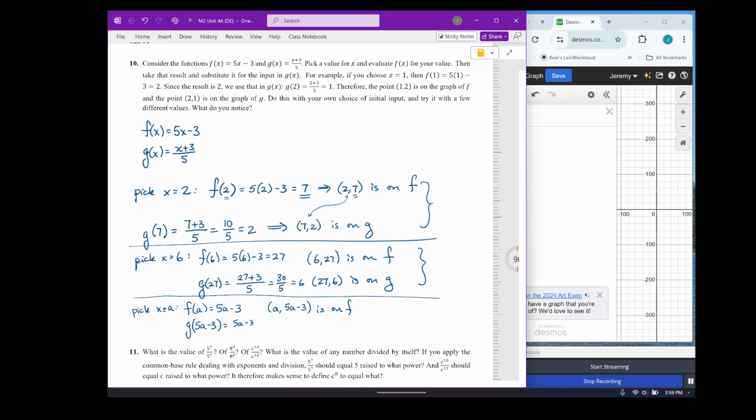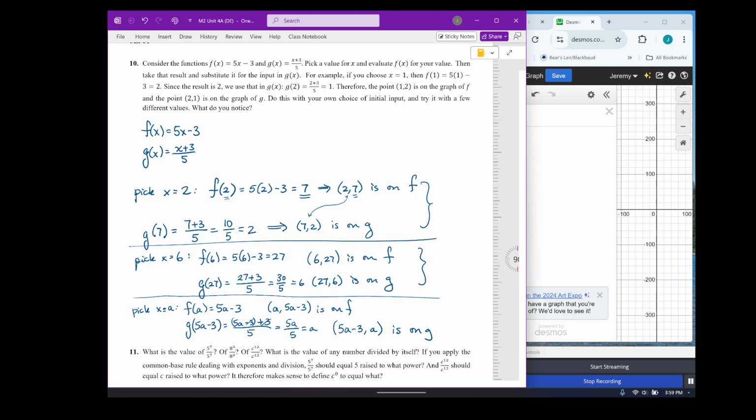That's like the x up here in g. And then plus 3, all over 5. If you look at this, the minus 3 and plus 3 cancel, and you're left with 5a over 5, which turns into a. So then (5a minus 3, a) is on g.